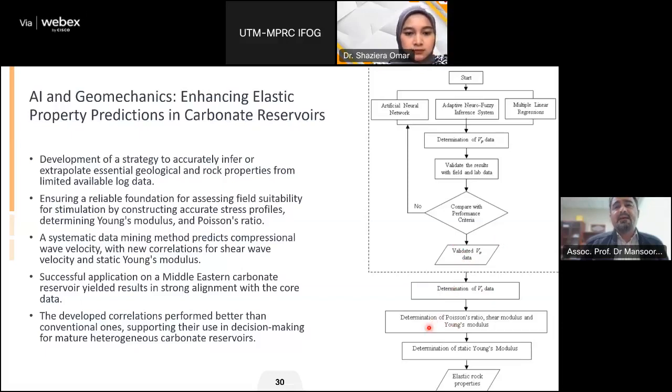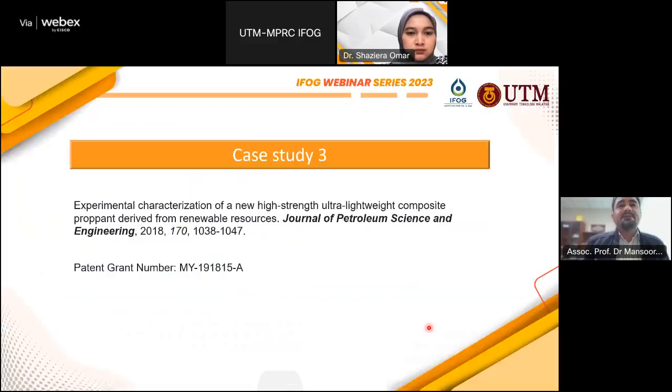Based on the current correlations, we determine the Poisson's ratio, shear modulus, and Young's modulus. Of course, these are dynamic data, so we need to turn them into static Young's modulus. Finally, rock elastic properties are achieved, and then we've been able to come up with stress profiling and then design of experiments.